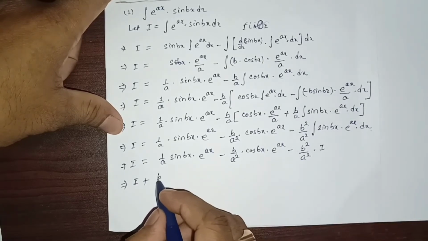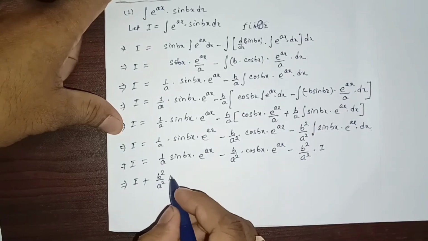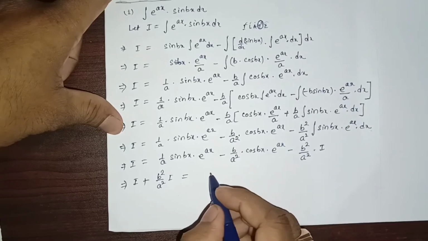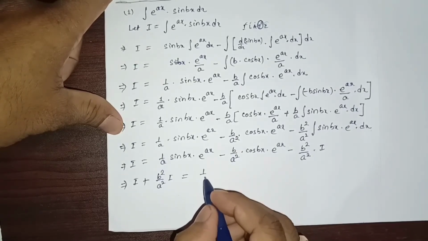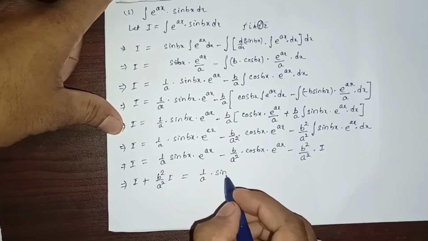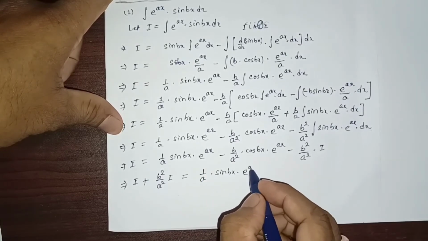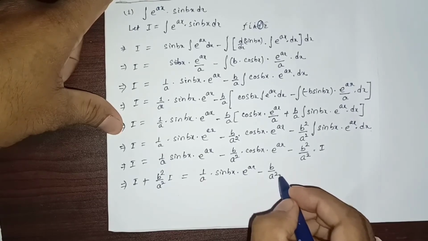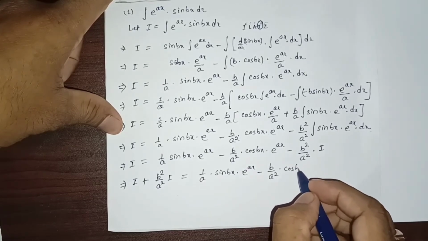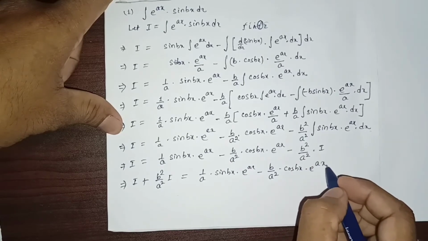will be equal to, here you can see 1 by a is there, you just write 1 by a into sin bx into e to the power ax minus this term b by a square into cos bx into e to the power ax.